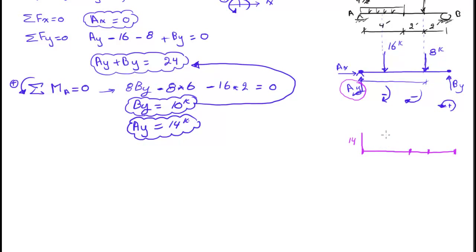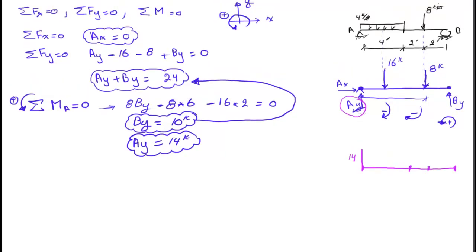Okay, now the tricky part. What does it mean to have 4 kips per foot along this form? What that means basically, let me just draw it like this. So if one foot will have a 4, the other foot have a 4, the other foot have a 4, and so on.